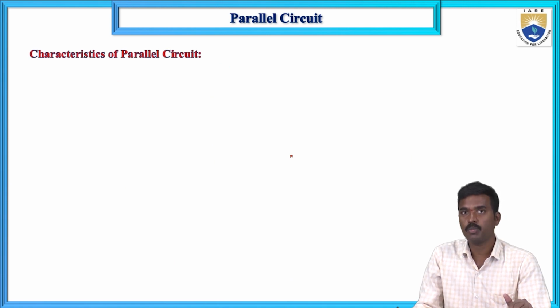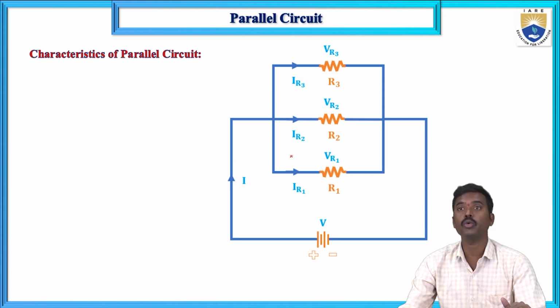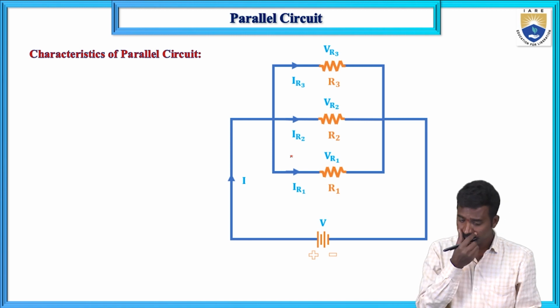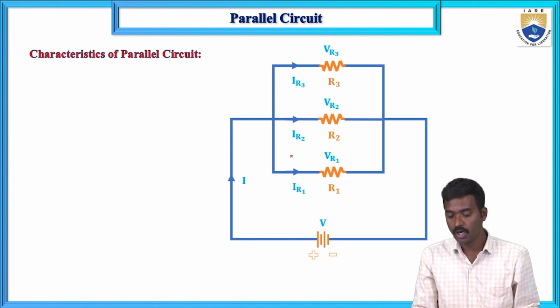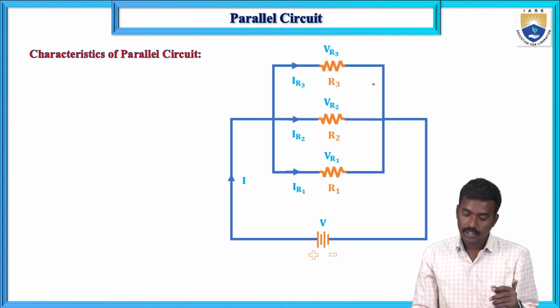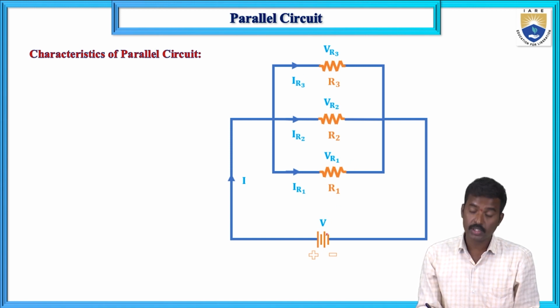Next, the properties and characteristics of a parallel circuit. Here I considered only three resistors, but this applies to inductors and capacitors also. R1, R2 and R3 are connected in parallel. The parallel circuit is connected across the supply voltage, and this is the total current. These are the dividing currents, IR1, IR2 and IR3.